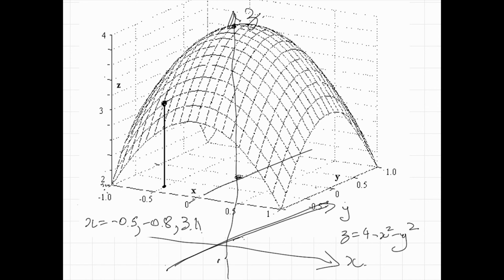Okay, so that's graphing in 3 dimensions. Now we're going to further this in the next few videos and talk about partial derivatives, but that just gives you a bit of a rundown on graphing in 3D.